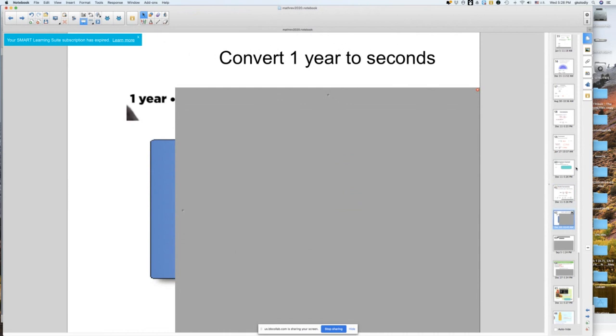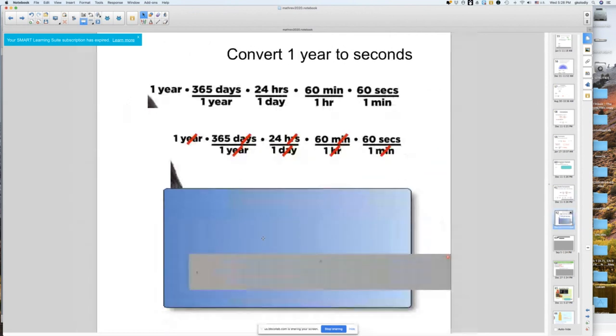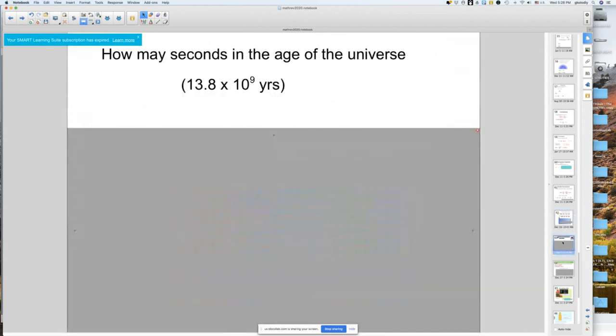So we just did that. This is just another slide. It tells you more or less what I just did. You can have it on the video. And then you can do the same thing. How many seconds is the age of the universe, if the age of the universe turns out to be 33.8 times 10 to the 9 years? We're not going to do it here, but I'm going to show you the answer.